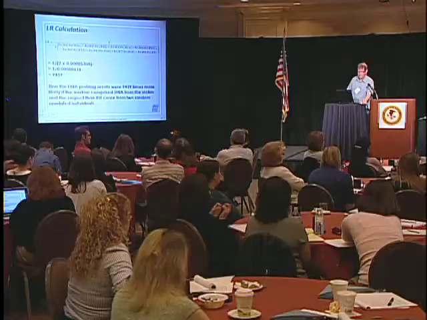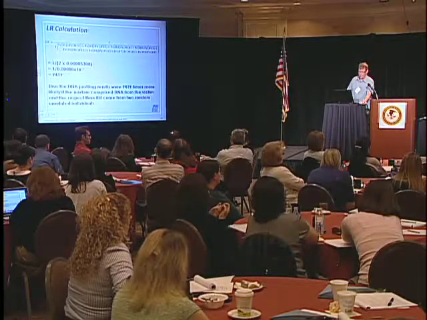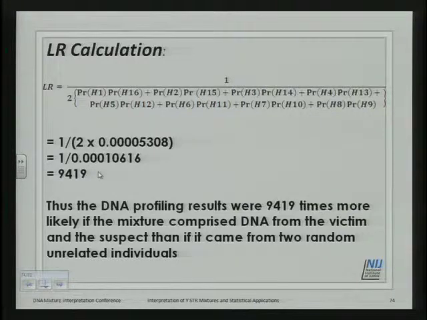And here's the calculation, all the different combinations, etc. You just take 1 plus 16, which is the probability of 0.0034 times 0.0034, because it's the probability of this haplotype and this haplotype together. The likelihood ratio calculation is 1 over 2 times this expression, and it ends up being 9,419.